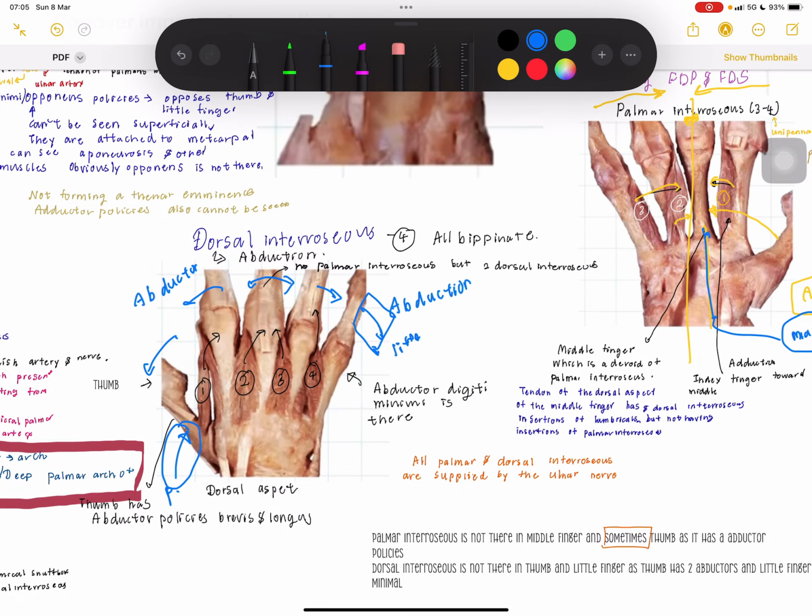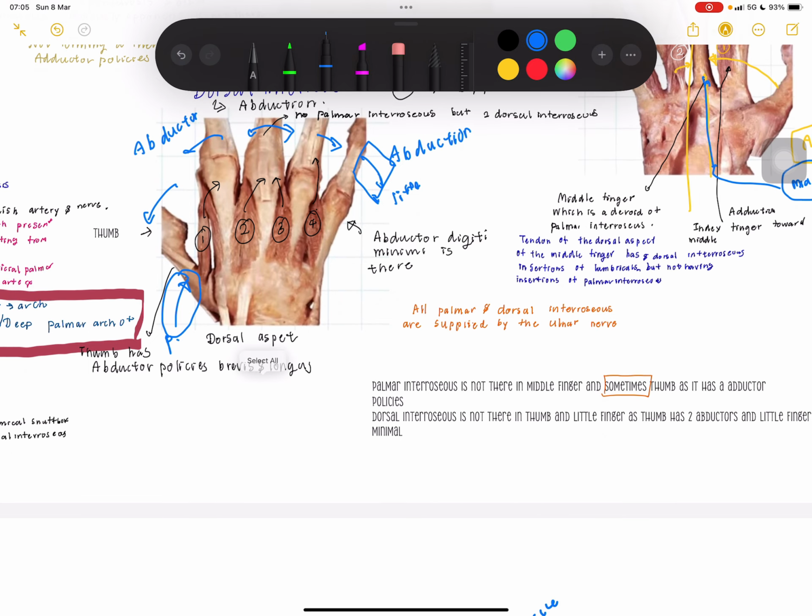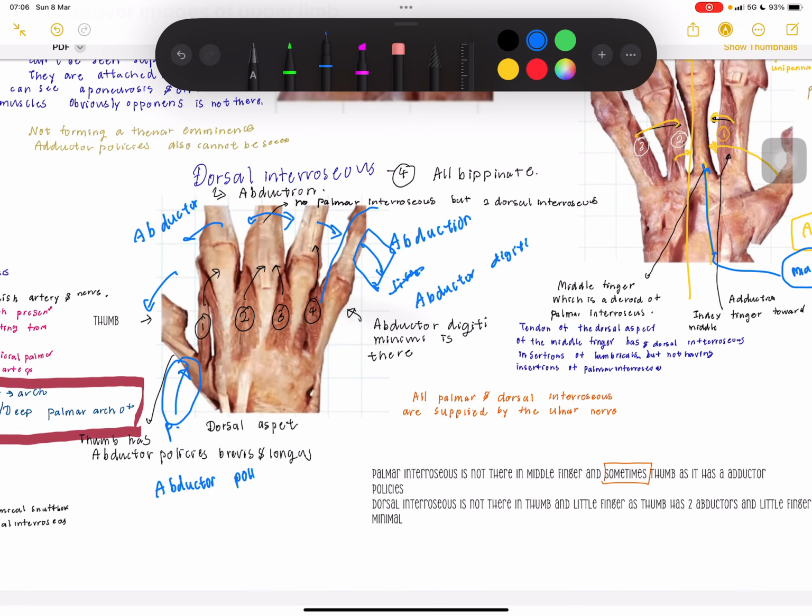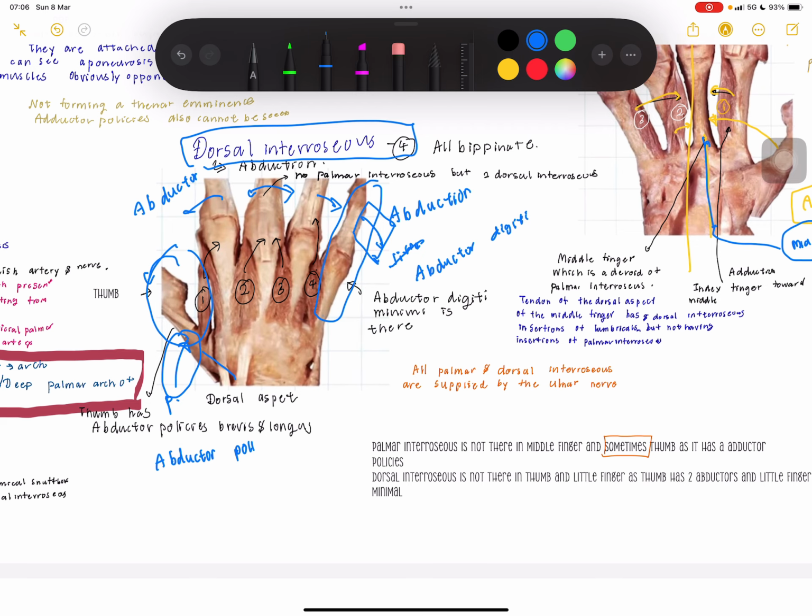So thumb has abductor pollicis, while this has abductor digiti minimi. In that case, we don't actually have to have a dorsal interosseous muscle for these two.